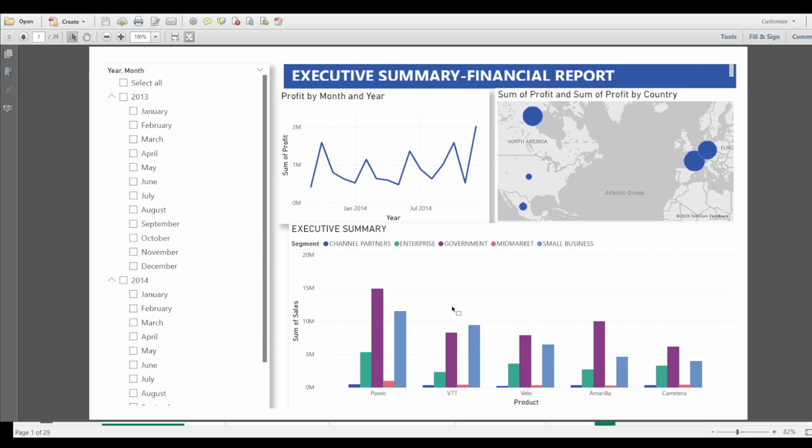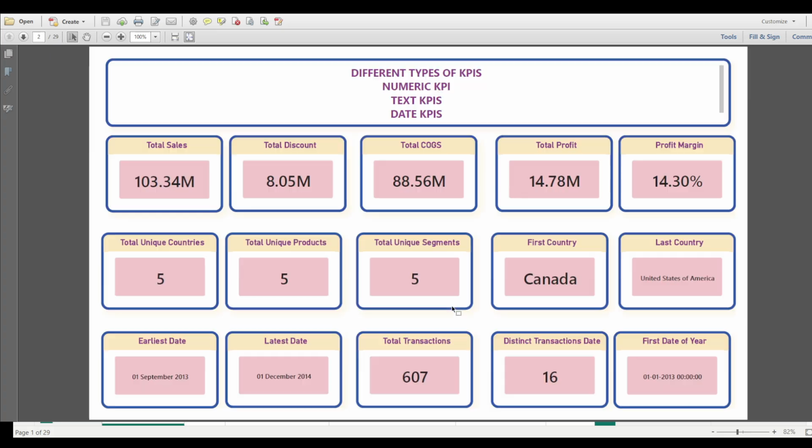So this was a generic chart which we made, and after that I explained to you how to create different types of KPIs, if you remember. So out of the data set we have created total sales, total discount, total cost of goods sold, profit, profit margin. Then I taught you how to use the KPI which is based on text, like total number of unique countries.